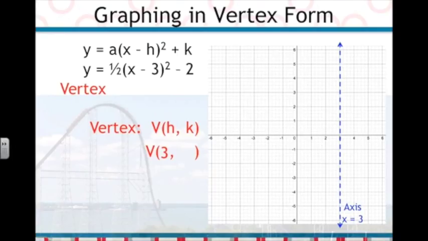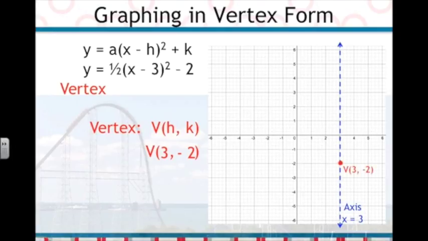If you look at the form above, you can see that k is the number being added outside the parentheses. In our example, we have a minus 2. So we can think of it as adding a negative 2, meaning k equals negative 2. Now we know our vertex is the point 3, negative 2, which we can plot on our graph.